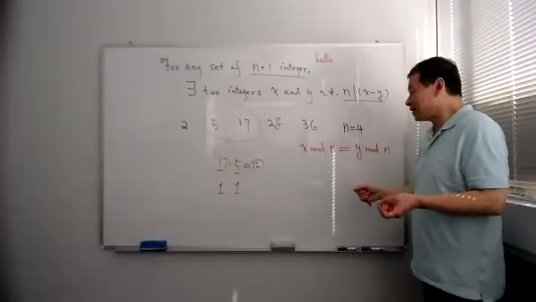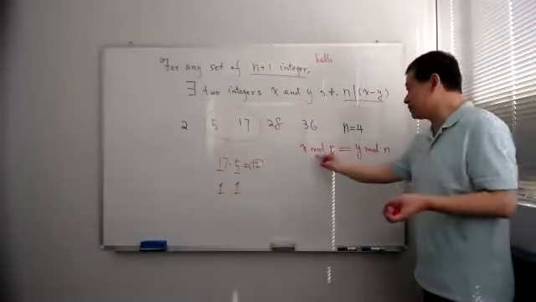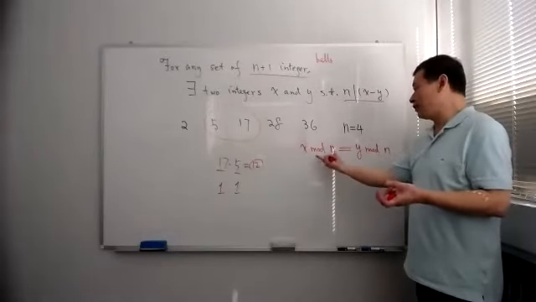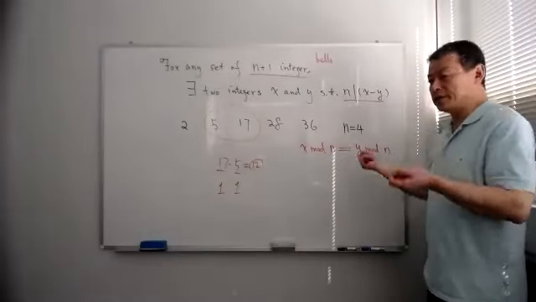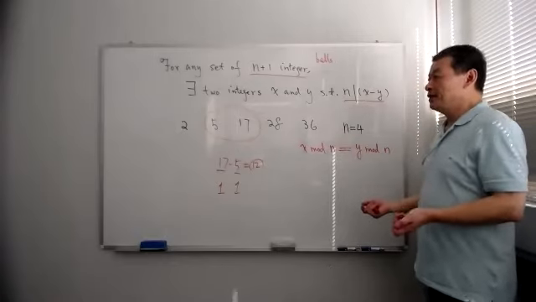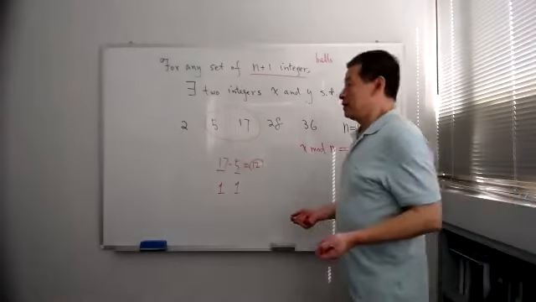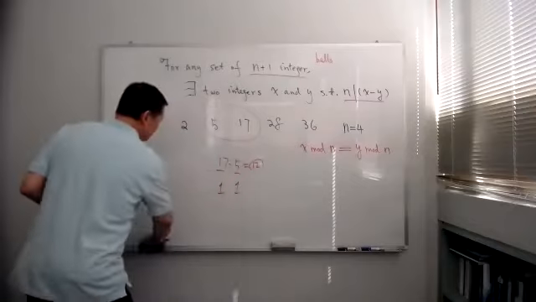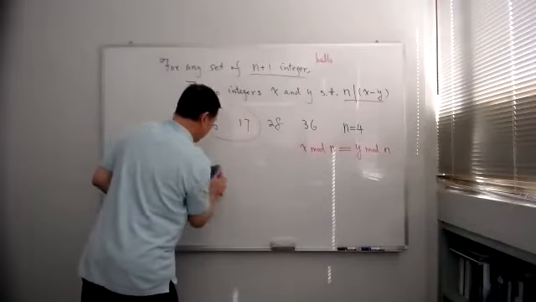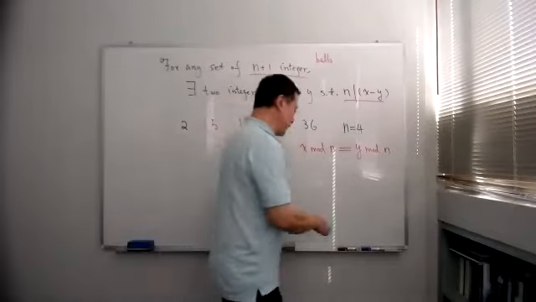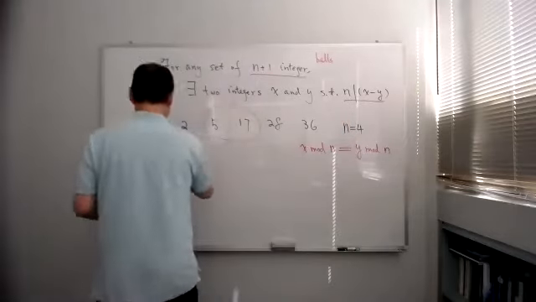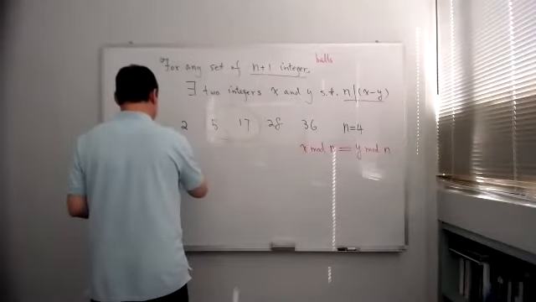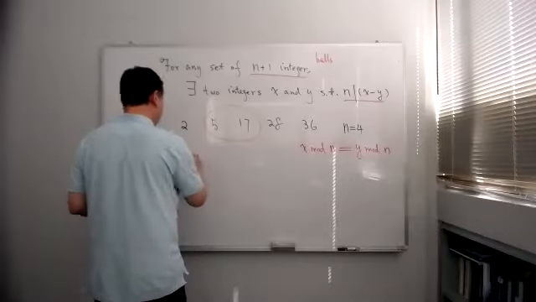Now, in the pigeonhole principle, we want something to be equal. So here we're looking for something to be equal: the remainder will be the same. So what we do is map each element. Here we construct the mapping, the assignment function.